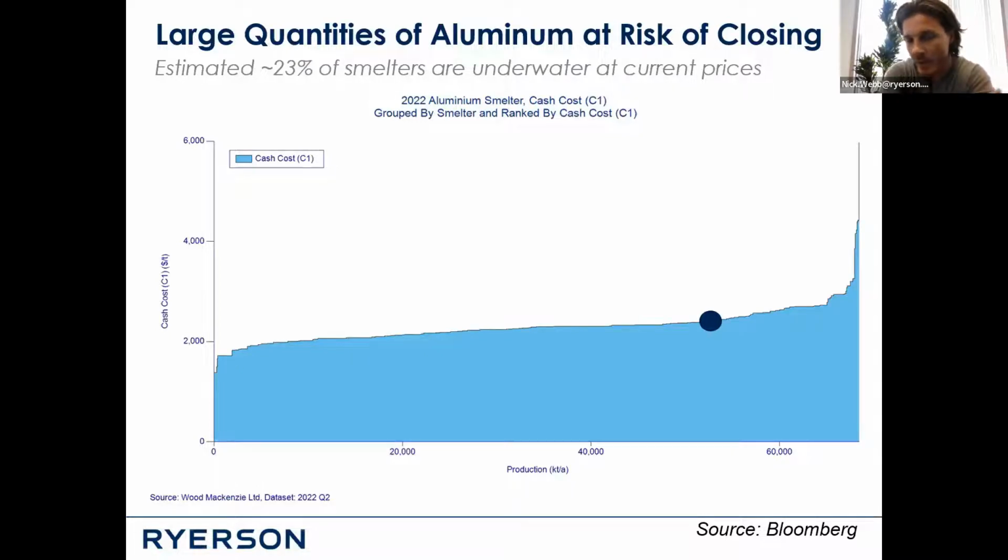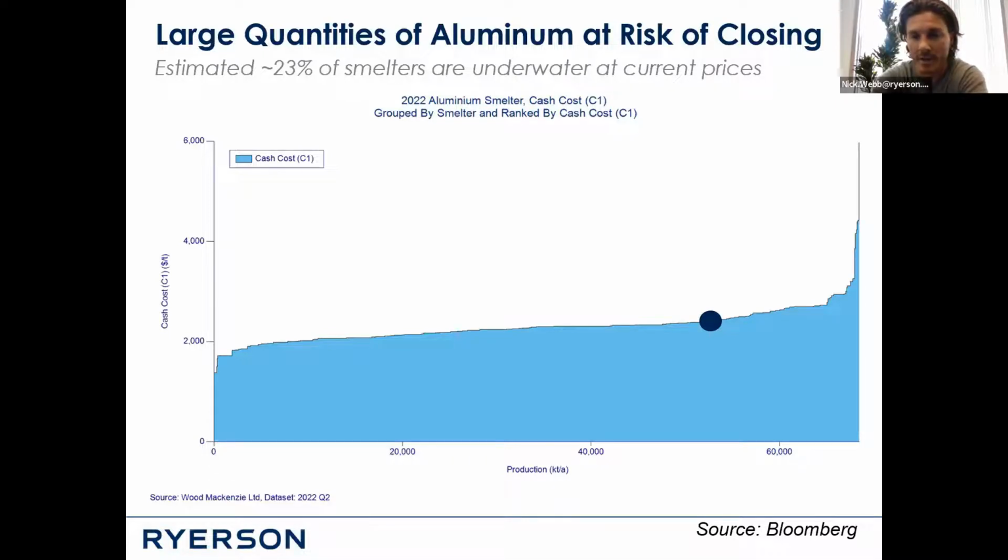You can't see it, but going left to right within this data is a smattering of all the various producers who produce aluminum in the world. Not every smelter is created equal. Some have really good power contracts. Some are using hydropower. Some don't have power contracts, and you can see on the far right-hand side what that impact can have to their ability, or in this case, inability, to profitably make aluminum.